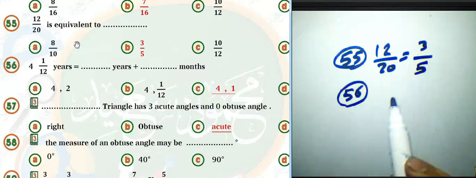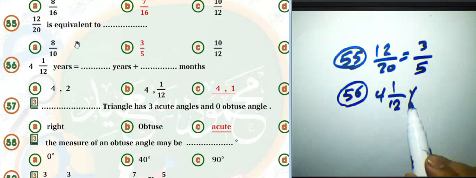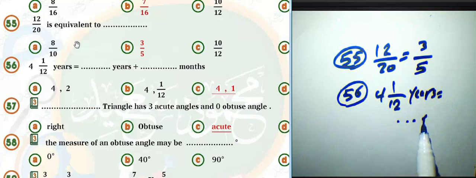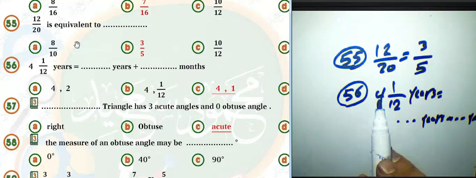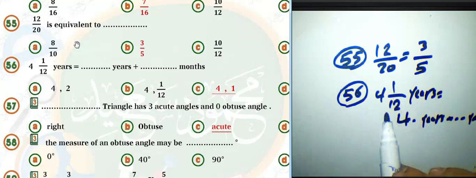Question 56. 4 and 1 over 12 years equals blank years plus blank months. Who can tell me about this example? We know 4 years will be 4 years. And 1 over 12 multiplied by 12 will be 1.